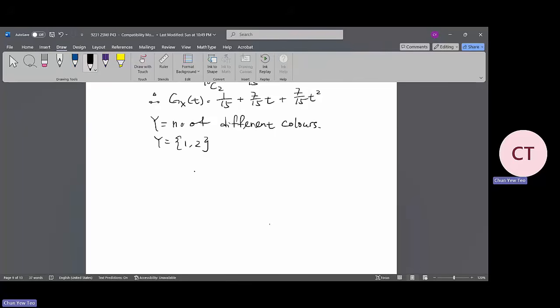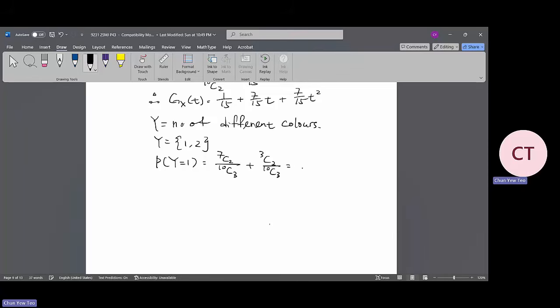In that case, you need to find P(Y=1). P(Y=1) means you have either two of them red or two of them blue.